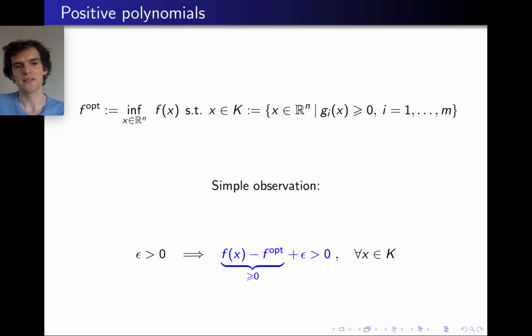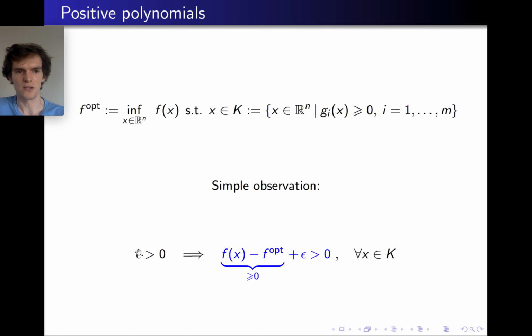And so to formalize this, if you take f-op to be the infimum, the global value of this polynomial optimization problem, where the feasible set, remember, is this set K, this semi-algebraic set defined by polynomial inequalities, then we have a simple observation.